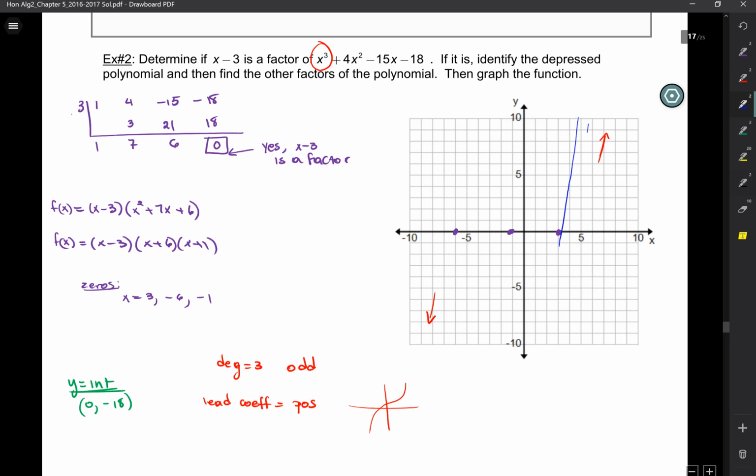So let me redo this. I'll call this negative 10 and this negative 20. So negative 18 is here. It's going to hit this, come up somewhere, then somewhere here it's going to go back down like that. How high it goes up doesn't have to be exact as long as you have the general form.